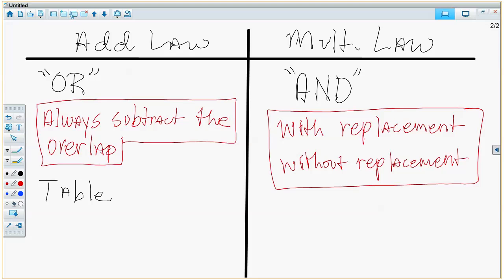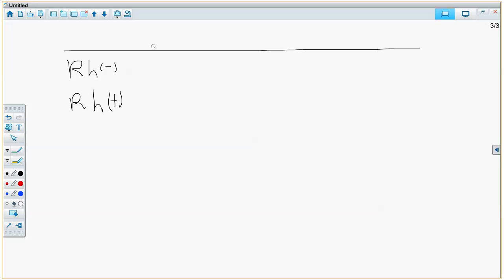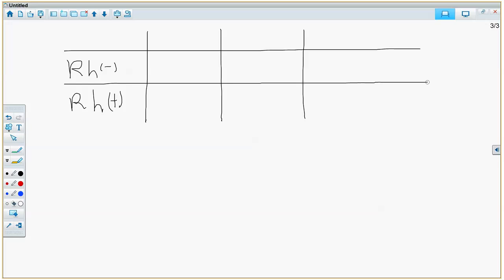Let's say the additive law, let's do RH negative, for some of you nursing people, and RH positive, dang old blood types. Let's see, there's O, and then there's what else?